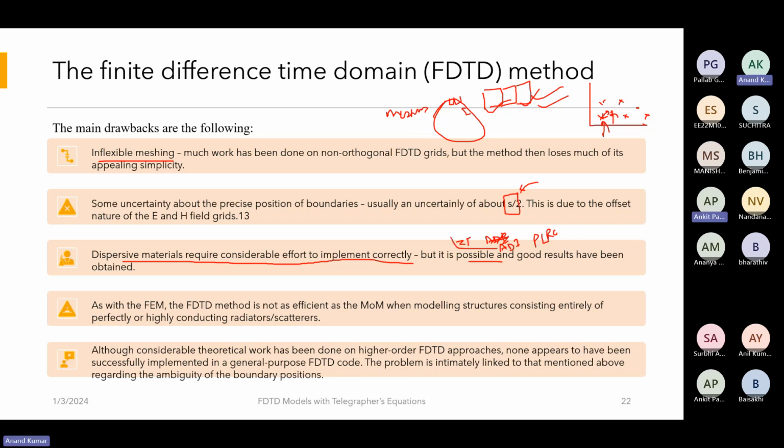Anand, it's ADE, it's not ADI. Okay, yeah, thanks, Ankit. I got confused. So there are three popular methods. There are other methods as well for modeling dispersive media. You can take a look at the paper by Luebbers and Hunsberger and the Sullivan textbook as well.